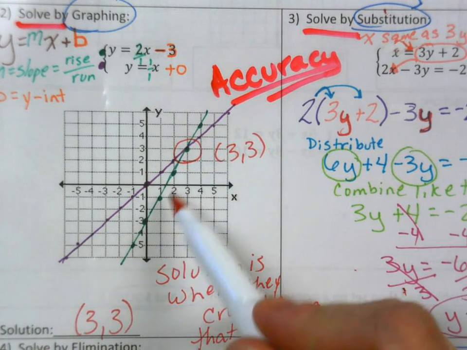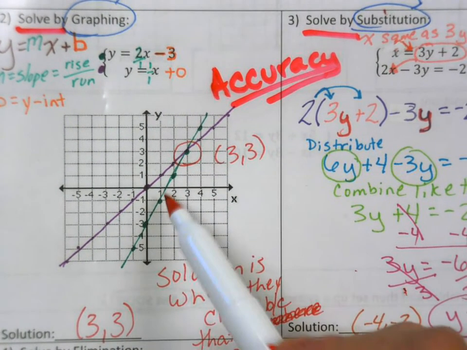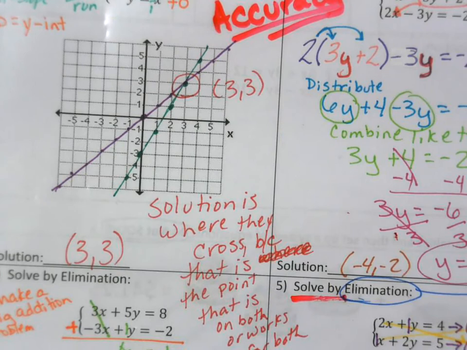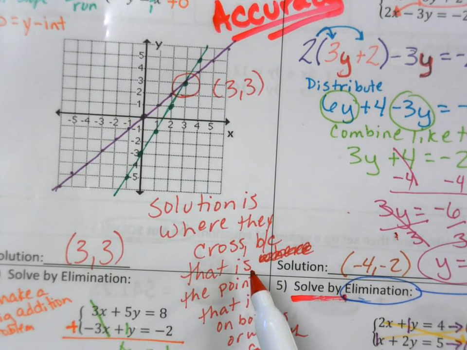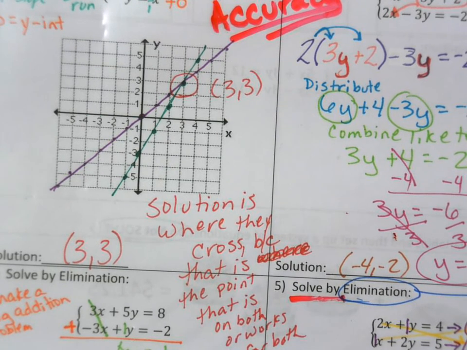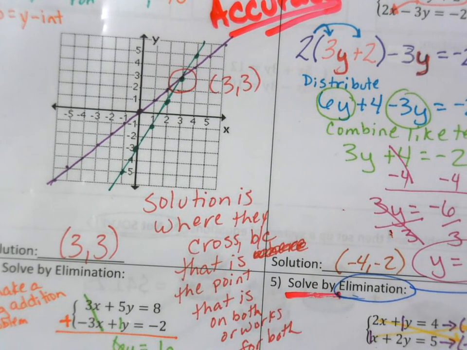So use the points that are actually on the grid, the nice even grid points, to graph. The solution when you're graphing is where they cross. Where they cross is the solution, because that's the point that works for both of them.